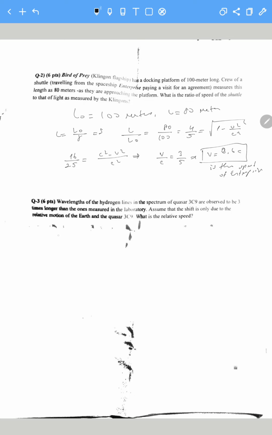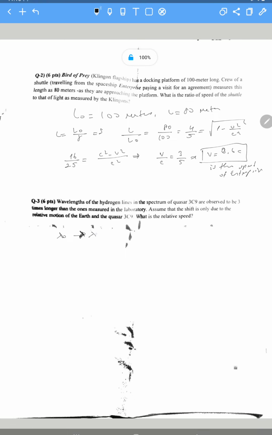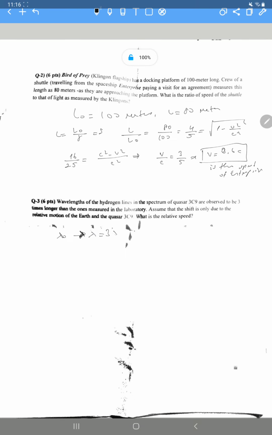Now we have its natural wavelength and then we observe it as some 3 times longer than its original wavelength. Now we are hoping to find the shift.